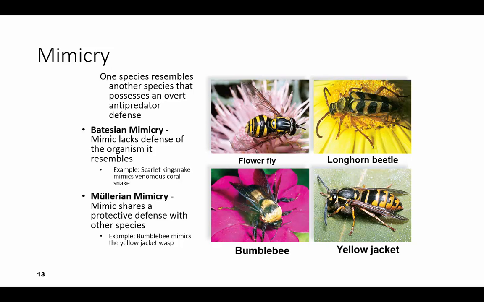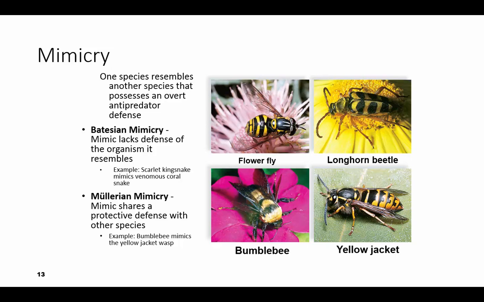Mimicry is also something they use where they resemble another species to get a predator not to eat them. Batesian mimicry, they don't have the defense, but the organism that they are mimicking in their coloration is an organism that would be avoided. You see this with a king snake, the scarlet king snake, and the coral snake.